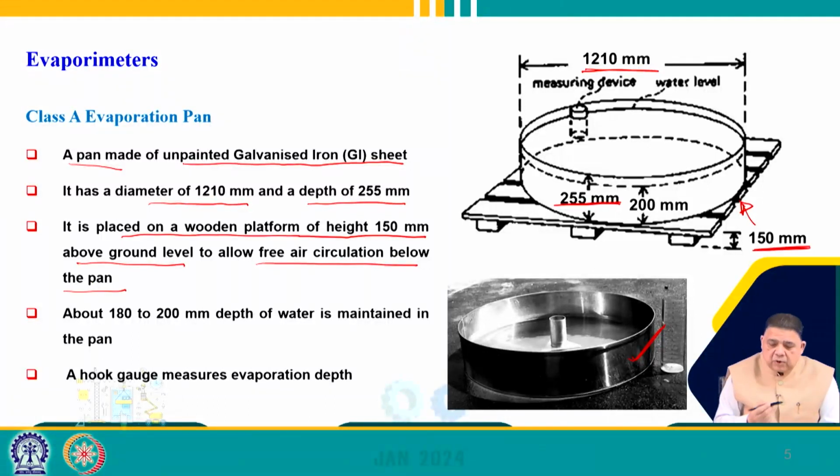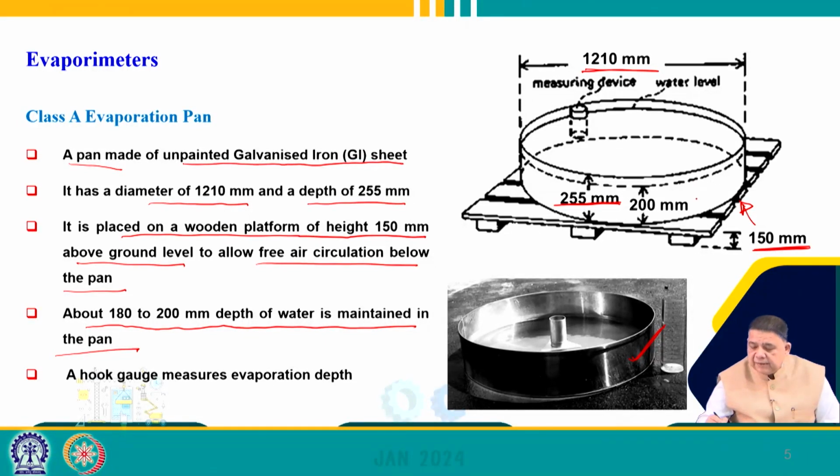For measuring evaporation loss, about 180 to 200 millimeter depth of water is maintained in the pan. So, we fill this evaporation pan with around 200 mm of water, and then a hook gauge is used to measure the evaporation depth.